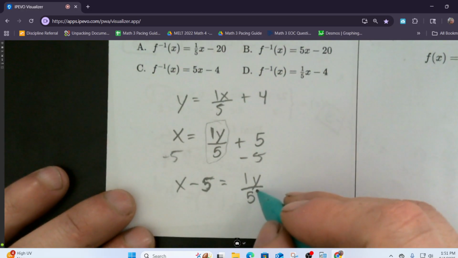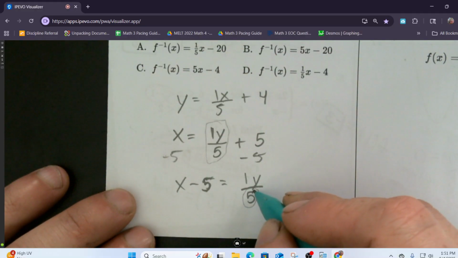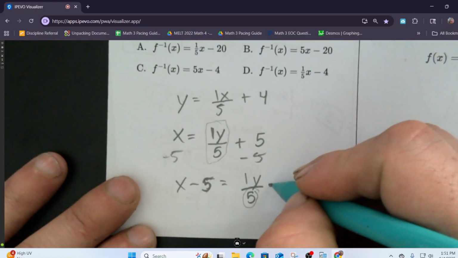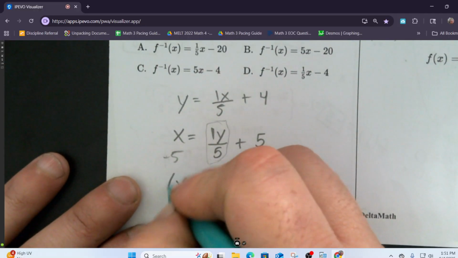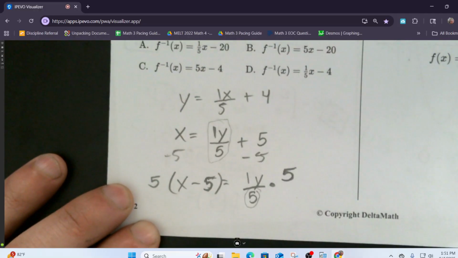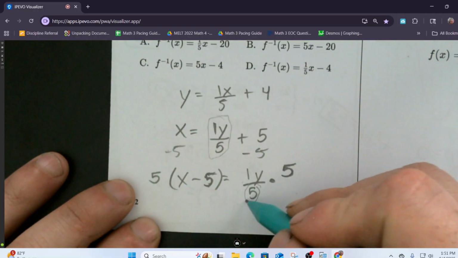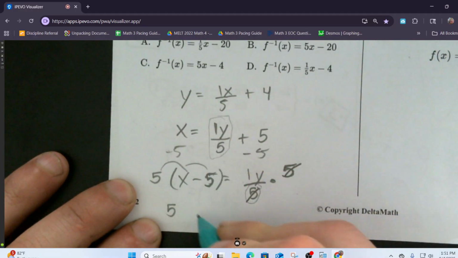Now, if I'm trying to clear my fraction, I need to get rid of this 5 first. So to get rid of that on the bottom, you're going to multiply because it's showing division. Remember that cancels out. You got, if I distribute this.